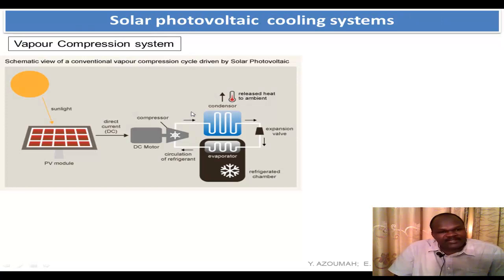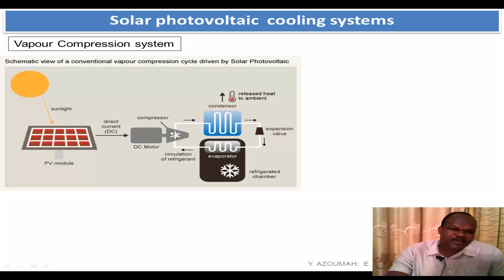Vapor compression systems using solar photovoltaics. So it's no more than your office air conditioner, but instead of being powered from the mains, it's rather being powered by a photovoltaic module.